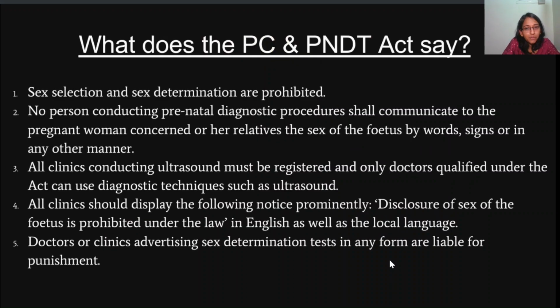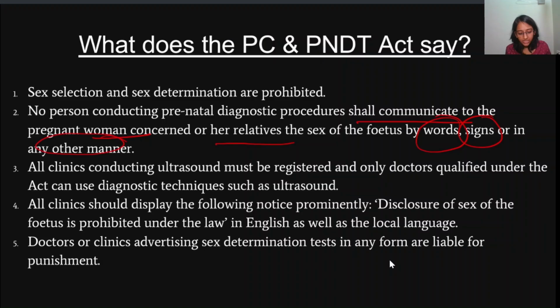So what does the PCPNDT Act say? Again, summary: sex selection and sex determination are prohibited, and they should not determine. First thing, they should not communicate either to the pregnant woman or her relatives by words, signs, or in any other manner.